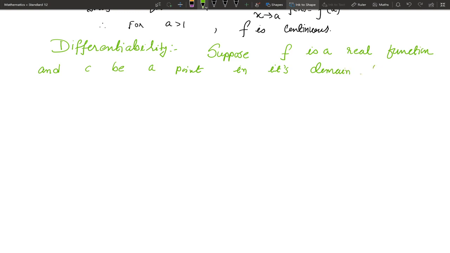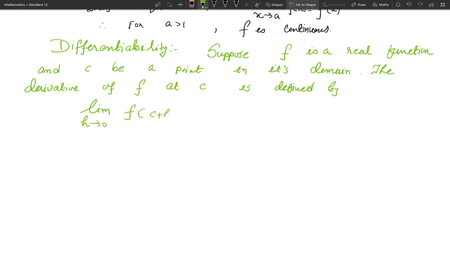The derivative of f at C is defined by limit h tends to 0, f of C plus h minus f of C upon h, provided this limit exists.